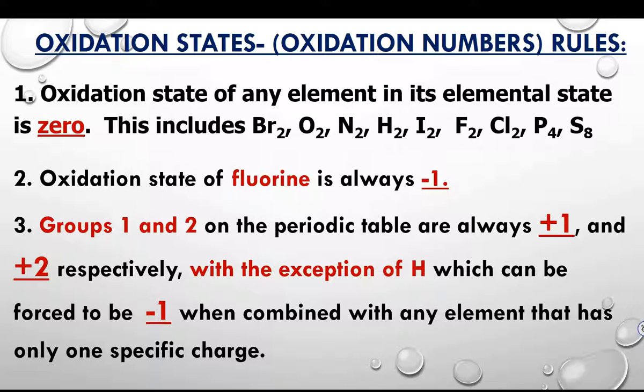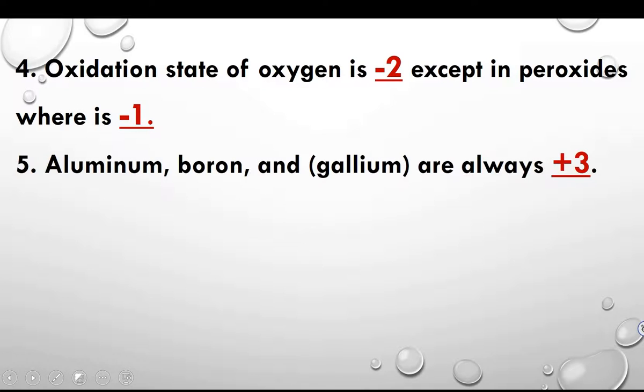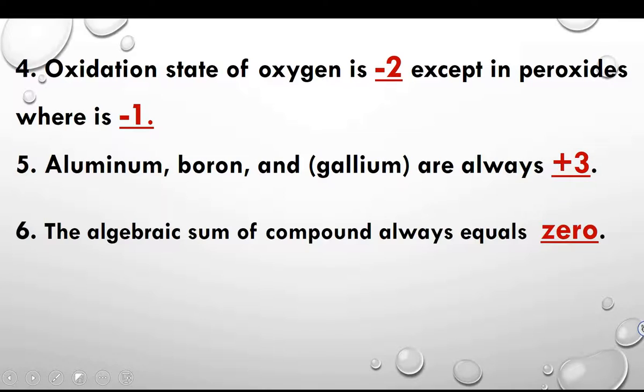The oxidation state of oxygen is always -2, except when it's forced to be a peroxide, and that's again column 1 basically can force oxygen to be a peroxide, H2O2, Na2O2. So we see that it's forced to be a -1. Gallium, boron, and aluminum are +3.